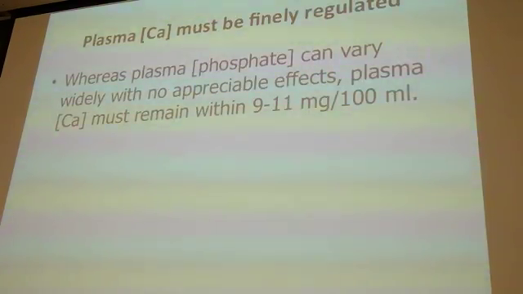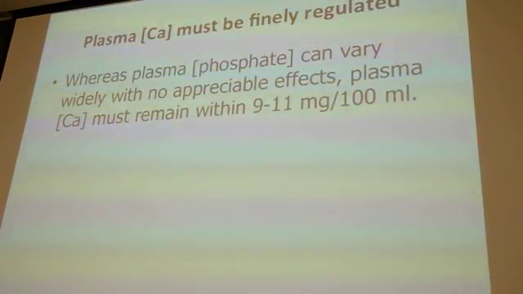Okay? So plasma calcium has to be really finely regulated. Changes in plasma phosphorus aren't as important. They don't have as significant effects as changes in calcium concentrations. But calcium has to be retained within this very narrow window, about 9 to 11 mg per 100 mils.